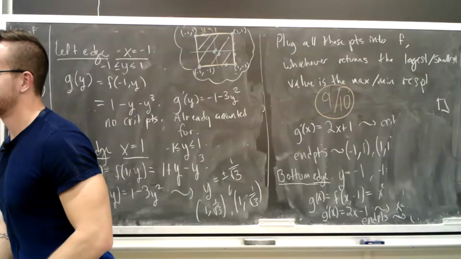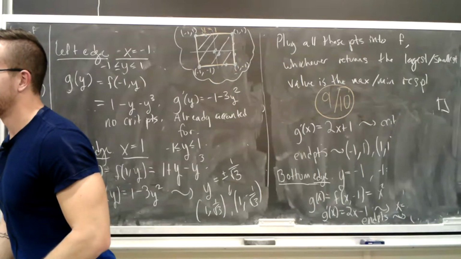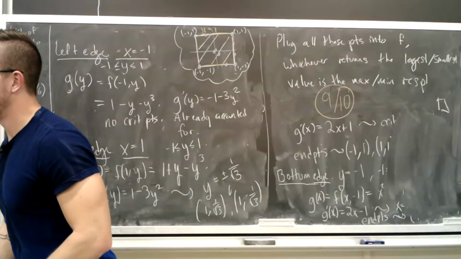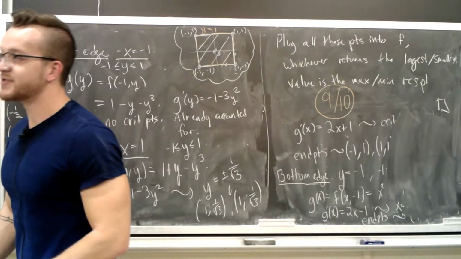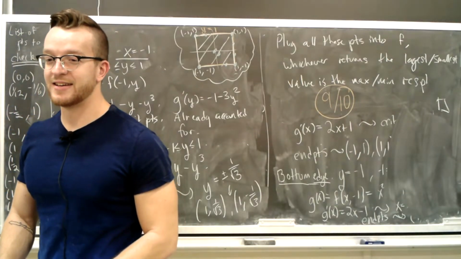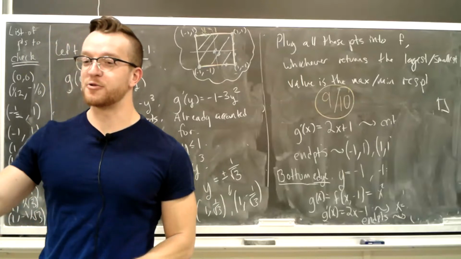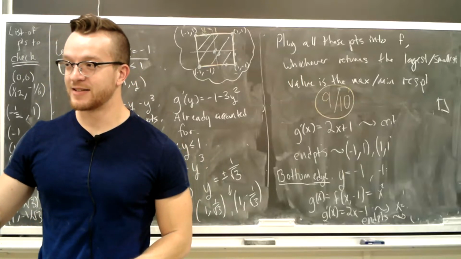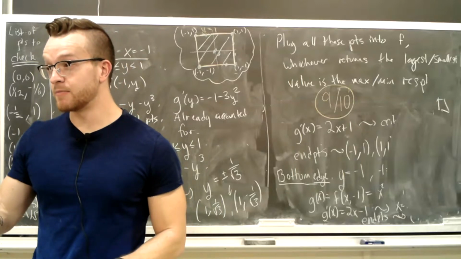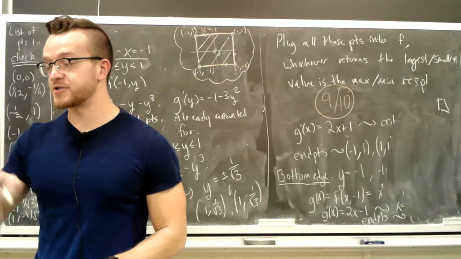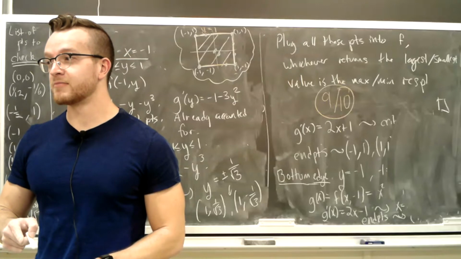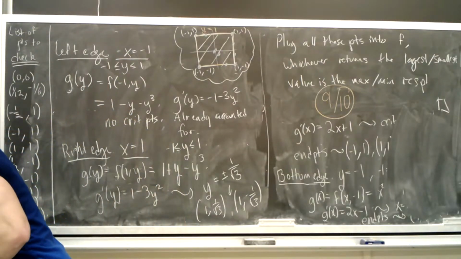No, it's a circle. Unless it's a helix. But so how do you describe a circle? Cosine t, sine t. But what's your domain for t? 0 to 2 pi.